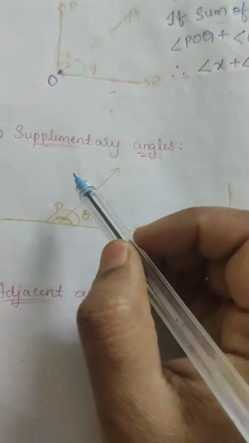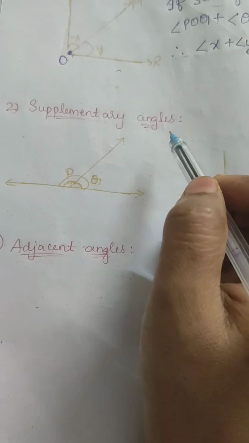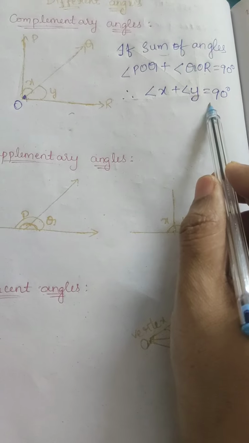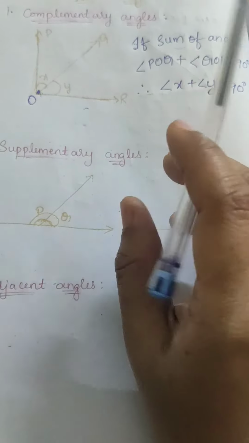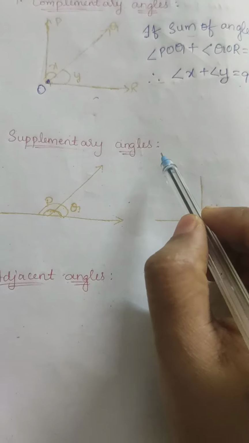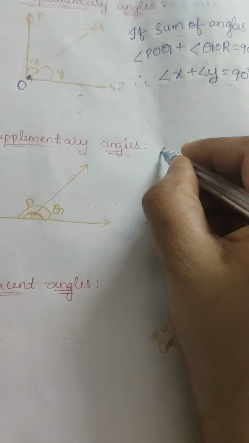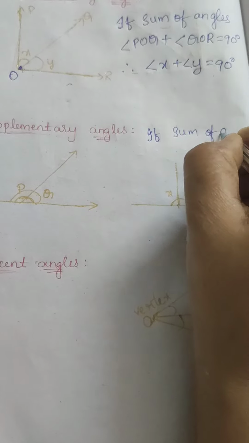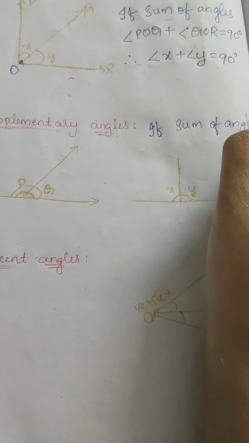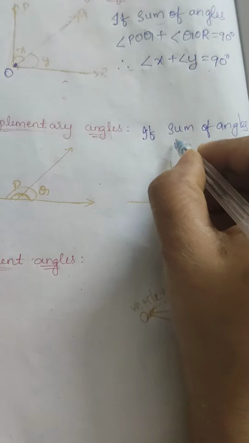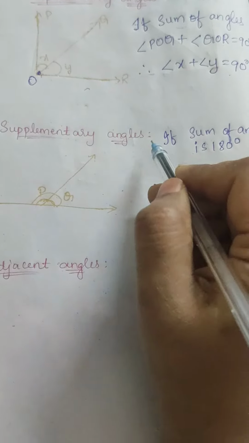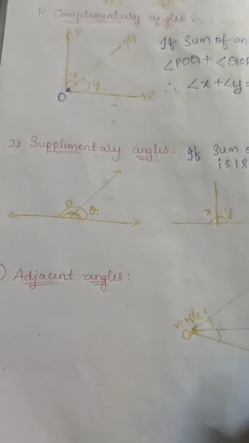Next, what are supplementary angles? Here, if the sum is equal to 90, it is complementary angles. If the sum of angles is 180 degrees, then those are supplementary angles.